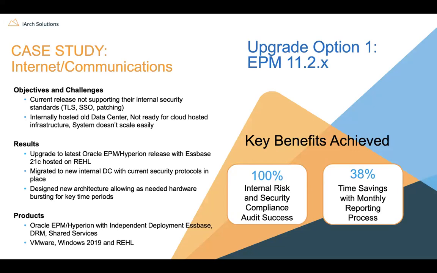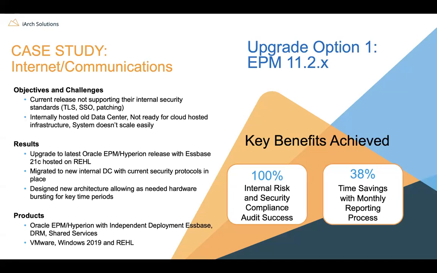Sure thing, absolutely, Alex. So what we've done here is there were three options to upgrade, so we picked one case study for each one. The first one will be the EPM 11.2 option. They originally were on an older version, and like many people, they had failed some security audits, and that was the major reason for going up to 11.2 from 11.1.2.4. They were not ready for cloud as an overall direction.